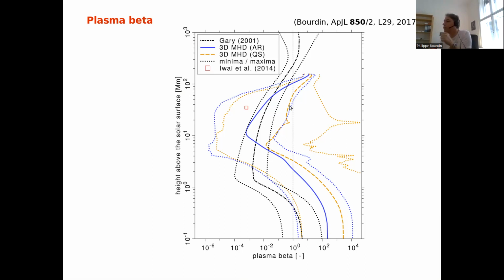In the active region it is true to some extent in the corona, but the region where plasma beta is smaller than 1 is much smaller than you could assume from these previous works. Okay, good. Then I'm open for questions.